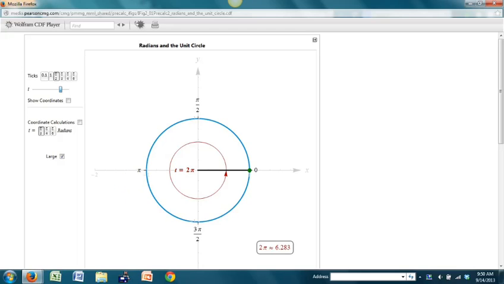And then the bottom of the circle is 3/2 of pi, and all the way around the circle would be 2 pi. They didn't label it here because it's labeled 0, but since 2 pi is equivalent to 360 degrees, 0 radians is coterminal with 2 pi radians.